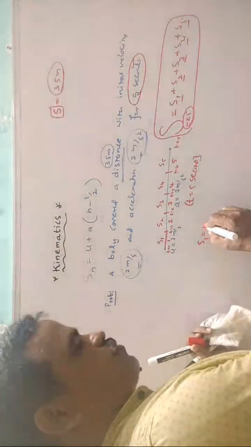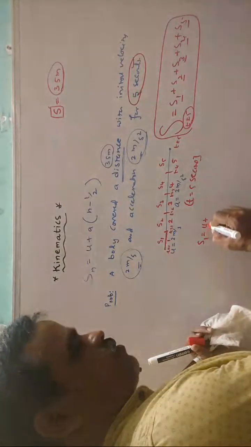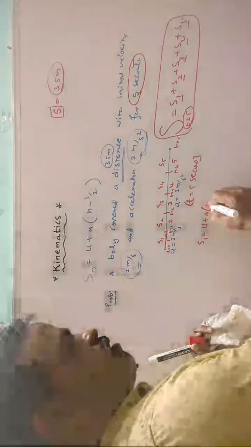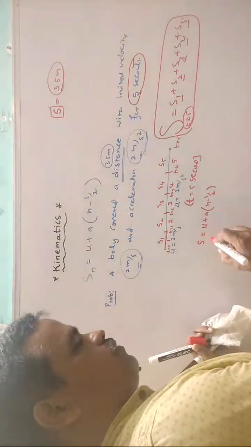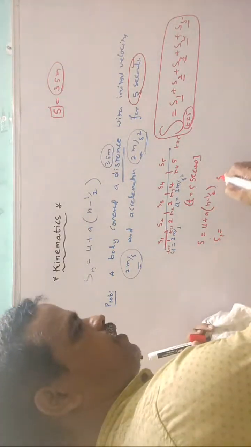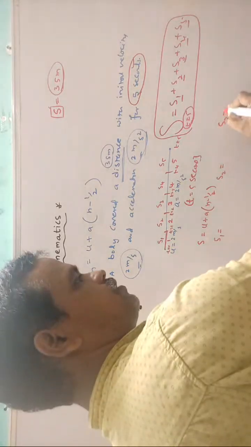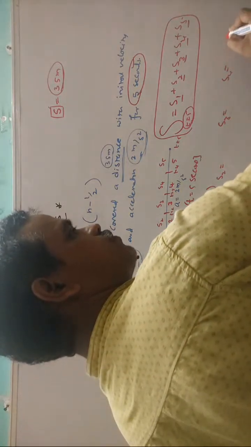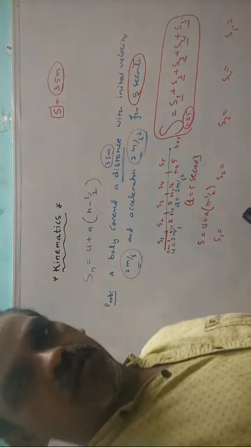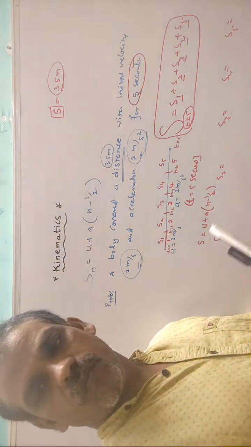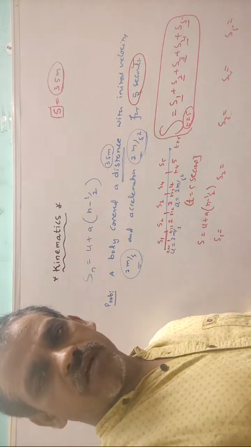Calculate s1 displacement using u plus a of n minus half. Calculate s1, s2, s3, s4, s5. Just calculate the values and tell me first.